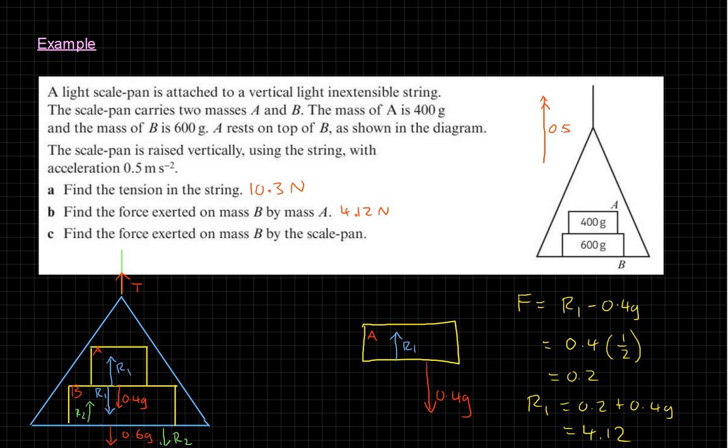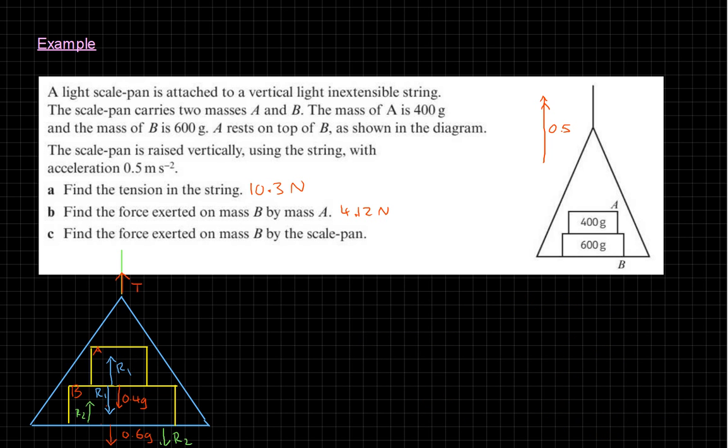So again, in this case we've got 2 options, and since we've got the time, I'm going to explore both of them. Okay, so let's do these one by one. Just clear some space. I think the first and easiest way is to use the scale pan as our body of reference and the forces acting on that.